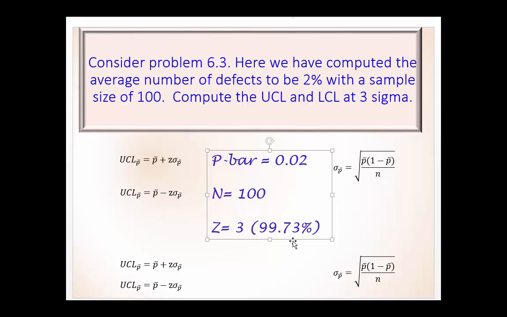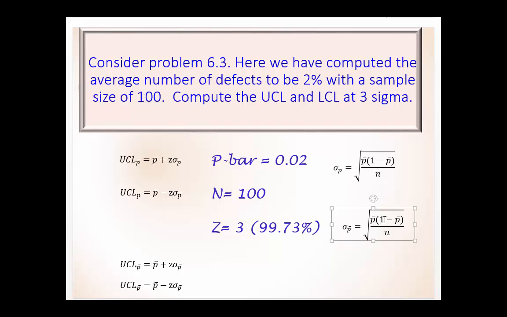Now, we need to calculate our standard deviation of p. You notice I've got this twice, so that I could use this one here to fill in the numbers. I'm going to take out p bar and put in 0.02. The bar remains there because of the way the program works, so really you wouldn't need that there.